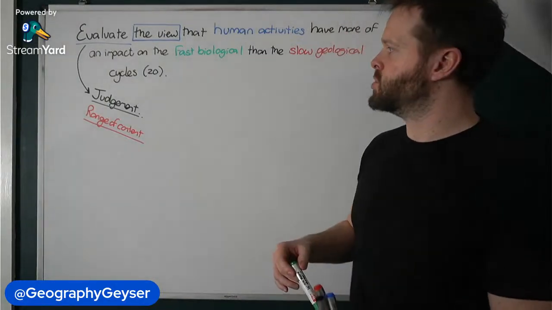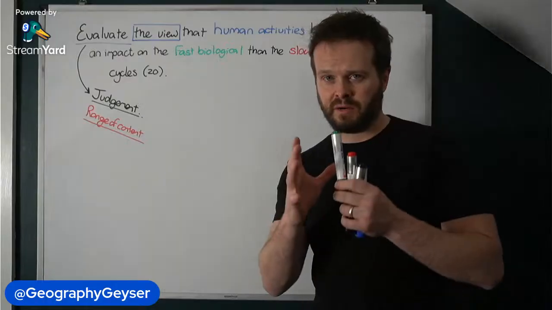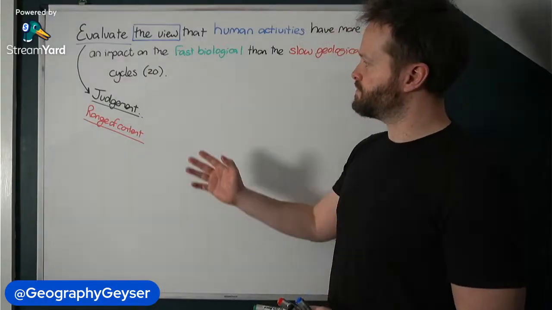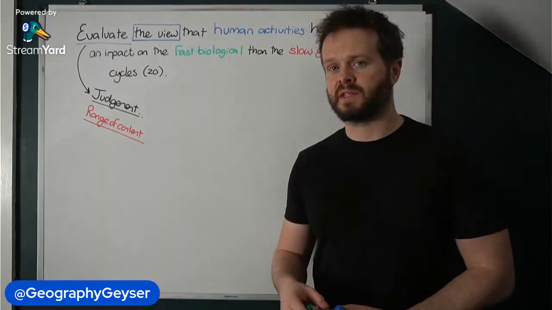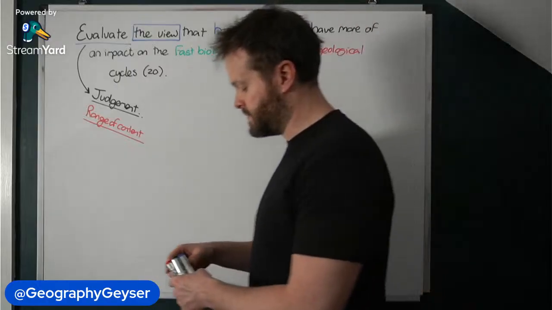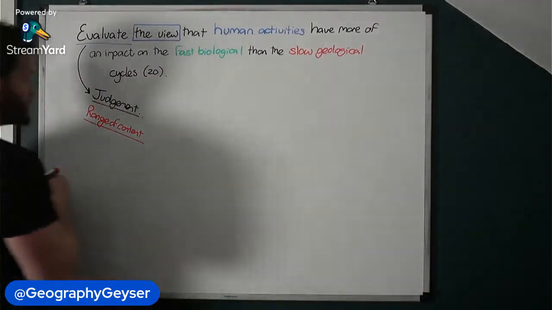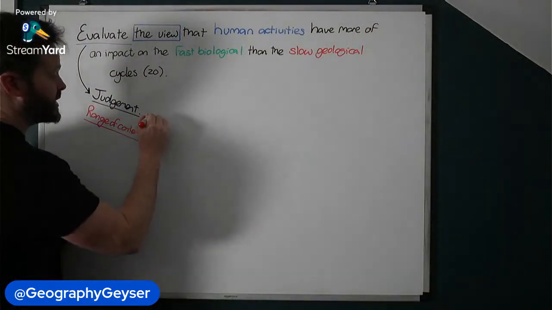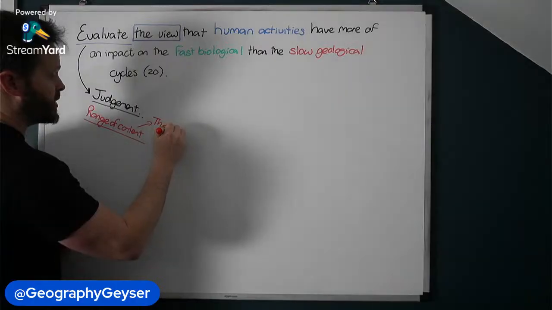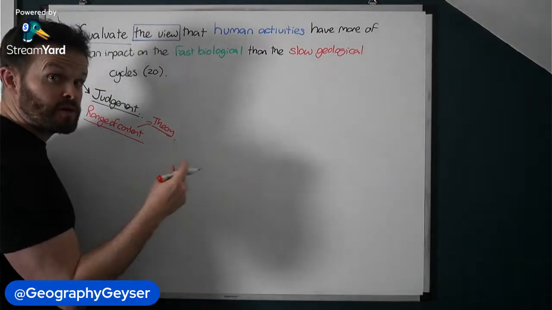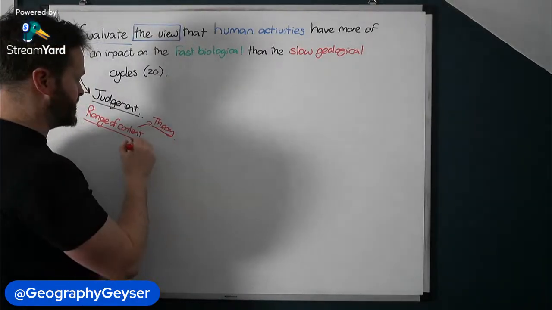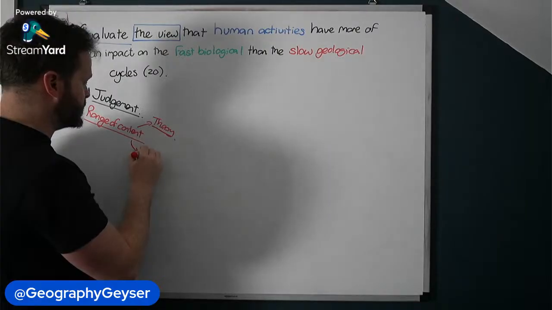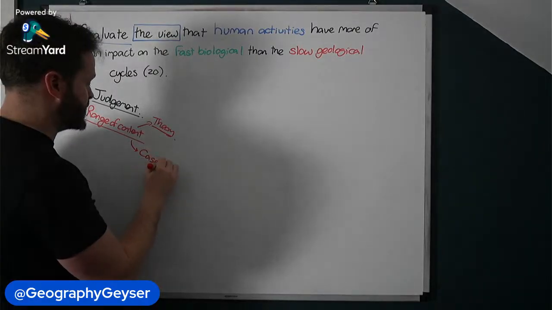If you only draw on a very narrow or limited amount of content, again, you're not going to score as high a level, okay? And that includes, obviously, theory. So A-level standard theory, not just your GCSE standard theory, and it involves case study stuff as well.